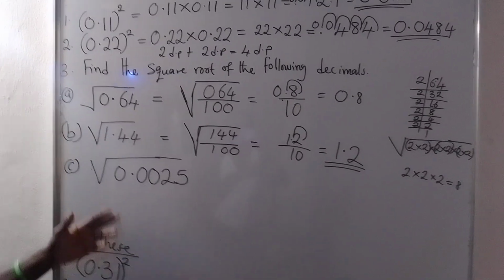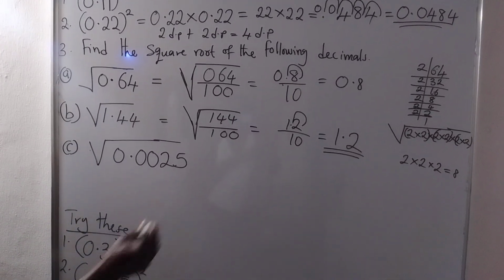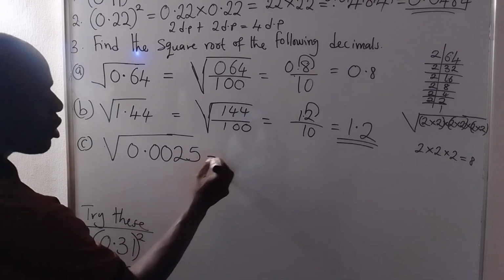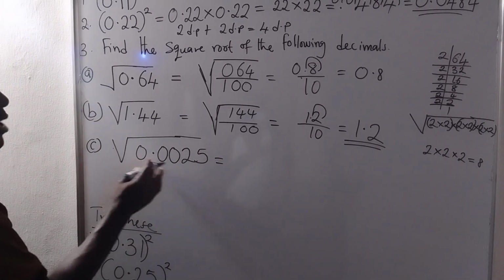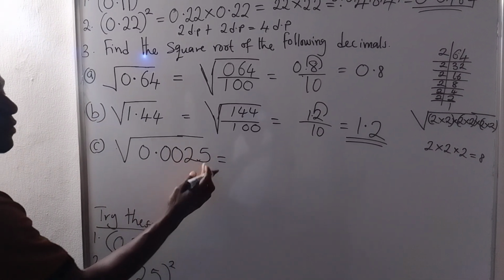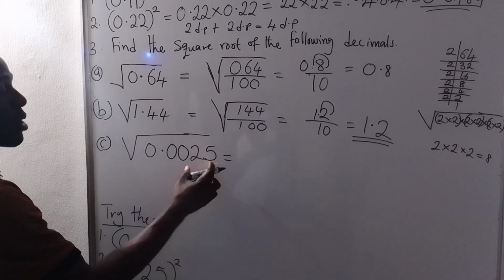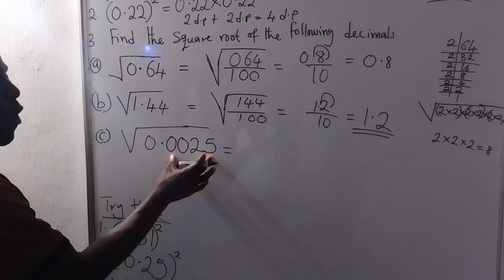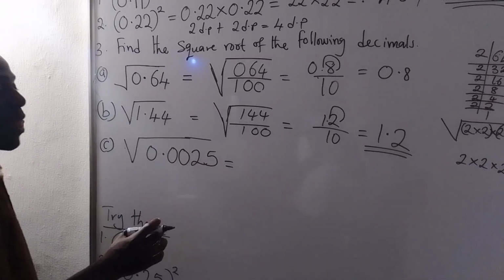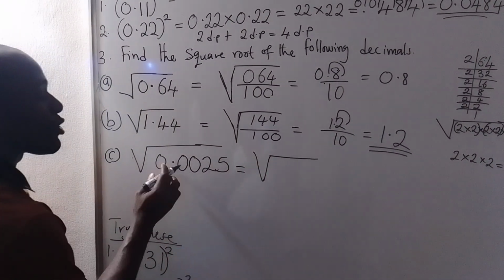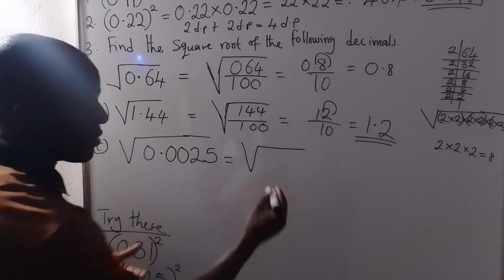Let's quickly look at the C part, the C section, which says the square root of 0.0025. So this number, how many decimal places is it having? 1, 2, 3, 4. Remember, from the right hand side, you have 4 numbers after the decimal point. So invariably, I can confidently say 0.0025 is still 25.